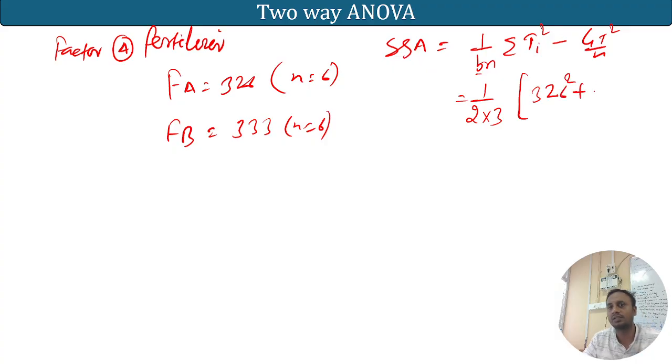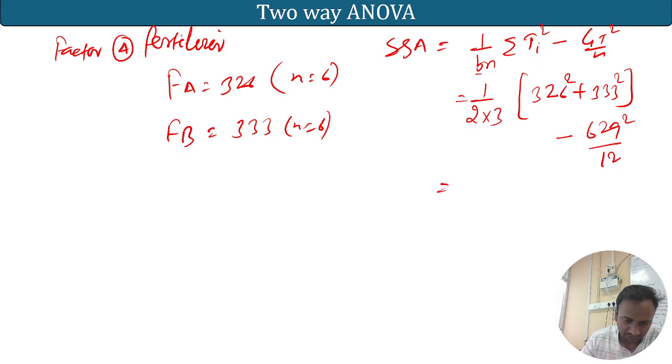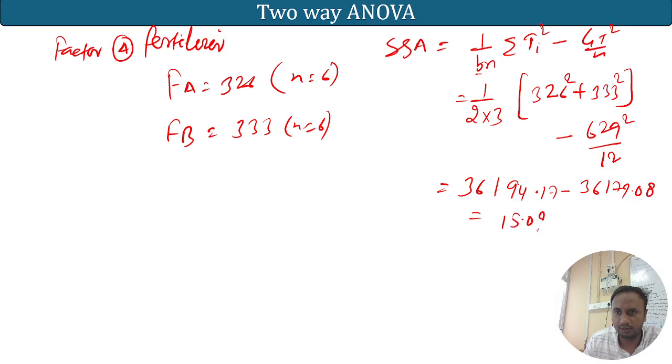So 326 square plus 333 square minus 629 square by 12. I think it's clear, or any doubt? Yes, sir. So SSA will come to 36194.17 minus 36179.08, so it will be 15.09.